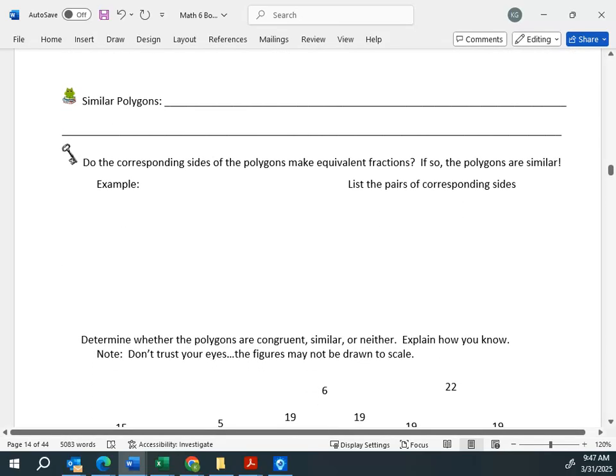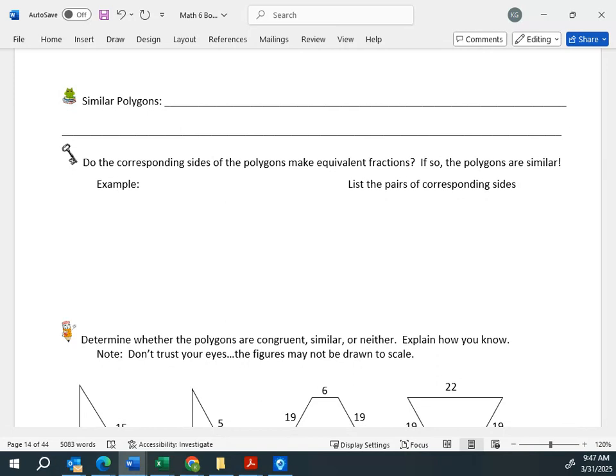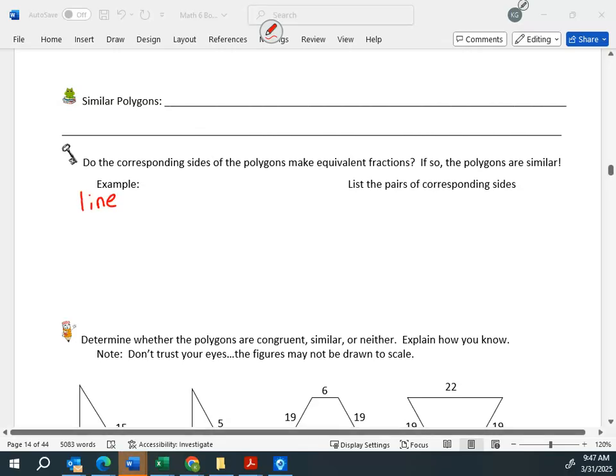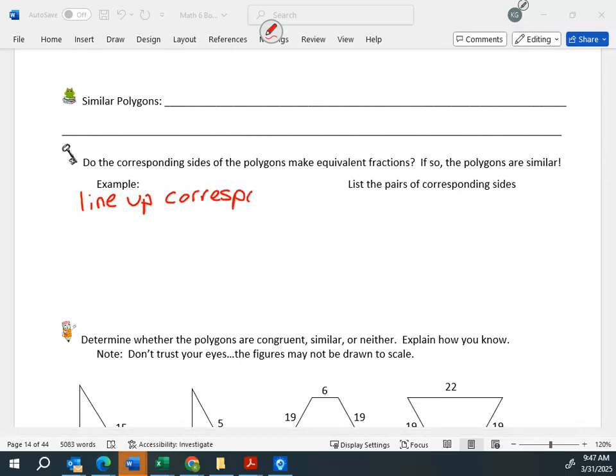But then we need to know, are they similar? Are they proportionate? Did it get bigger or smaller, all the sides in the same way? Who remembers how we do this? You line up corresponding sides to be fractions.